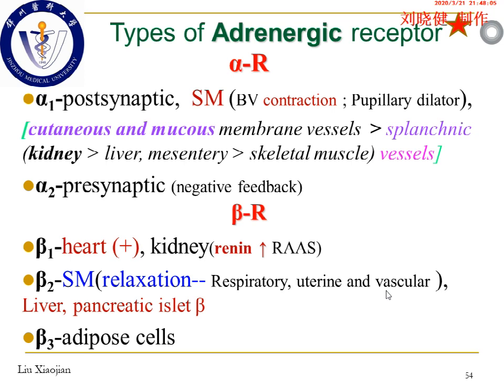You have studied that adrenoceptors mainly include alpha and beta receptors, and alpha receptors are also subdivided into alpha 1 and alpha 2. Alpha 1 receptor is usually located in the postsynaptic membrane on the effector cells, and mainly resides in smooth muscle. I usually use SKM to mean skeletal muscle.